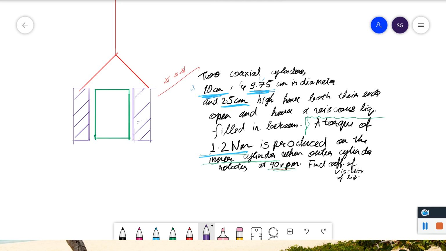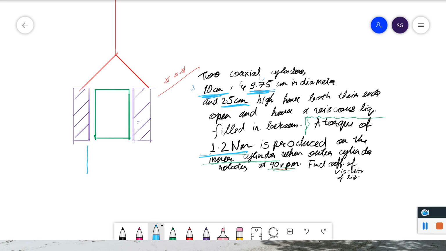Now I will explain what's given in the question. This is 10 centimeter. Okay, so this portion is... wait, it will not scale only, otherwise it will not be clear.